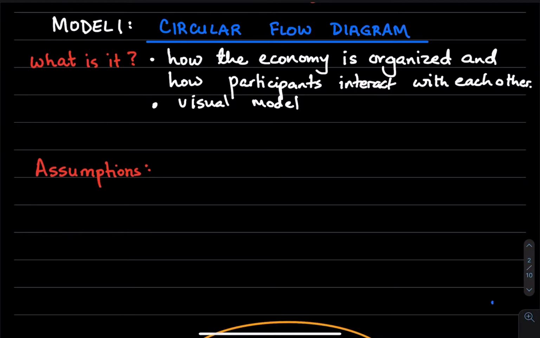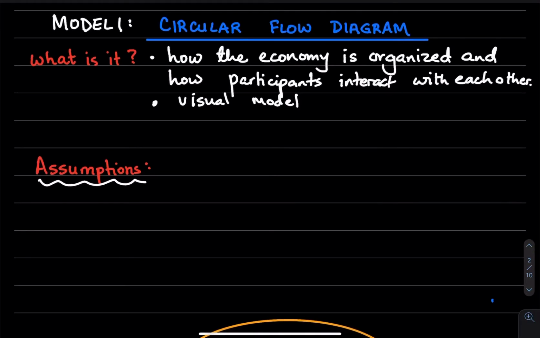And in this model, the economy is simplified with some assumptions. So let's talk about the assumptions here. The first assumption that we make is that the economy only has two types of decision makers. In practice, obviously, you have many more, but two types of decision makers.